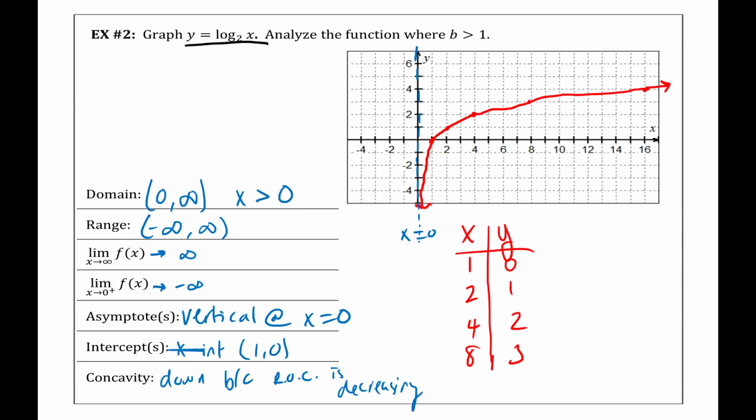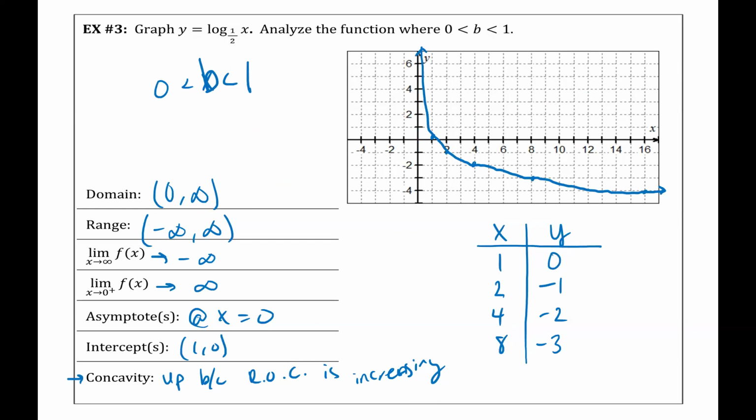On the other one, it's going to be greater than 1. When b is greater than 1, these are our attributes. So when b is greater than 1, we're going to have our concave down situation. When b is between 0 and 1, that's where we'll have our concave up situation.